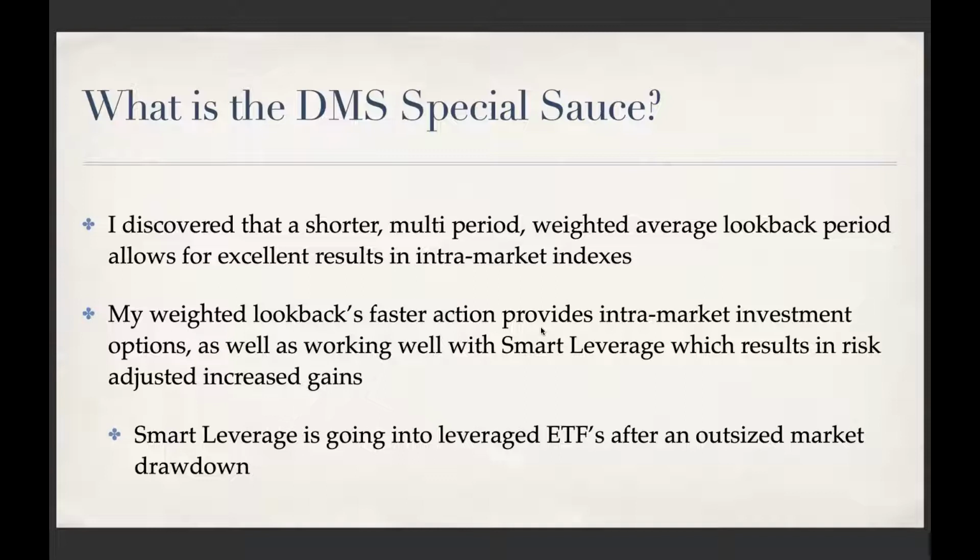You can pick a sub index within the US, and it handles that really well with my look back period. The other thing the look back period allows for is smart leverage, which is a way that I'm able to leverage up the strategies when it's most in our favor. So we try to stay out of leveraged investments most of the time, and just go into them when we really have an above average probability of doing well in them.